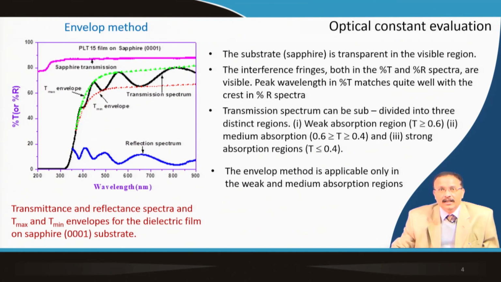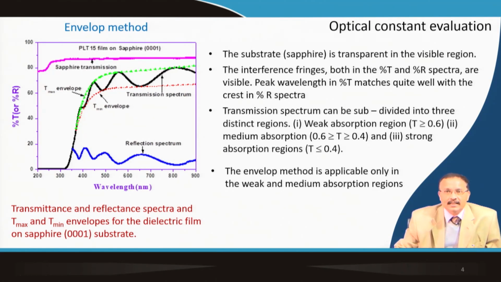First one is a weak absorption region where the transmittance is more than 60%. Then you have a medium absorption region where the transmittance is between 40% to 60%, and then there is a strong absorption region where the transmittance is typically less than 40% or lower. The envelope method that I am going to describe is applicable only in the weak and medium absorption region.